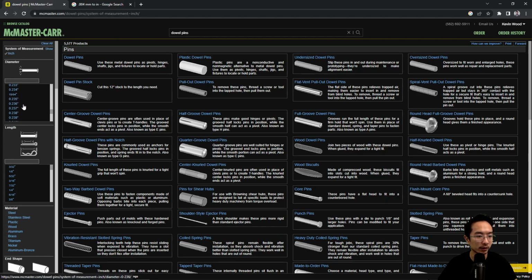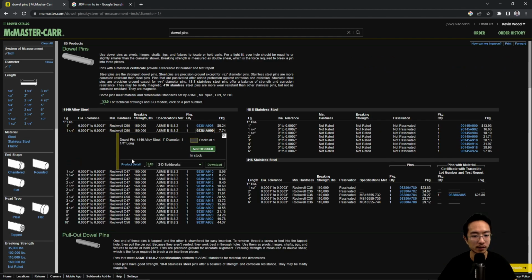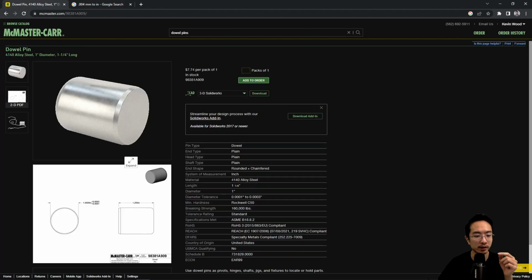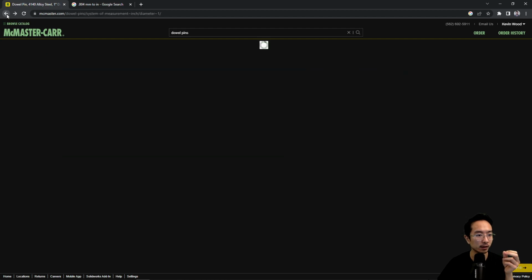Let's say, for simplicity, a 1 inch dowel. If we're looking at a 1 inch dowel, you can see this one has a plus 0.0003 inches, and the lower limit is plus 0.0001. So that's the sort of tolerancing that you're dealing with.